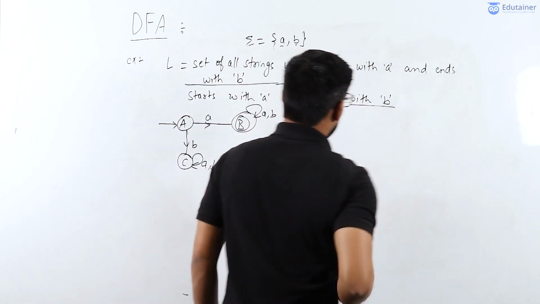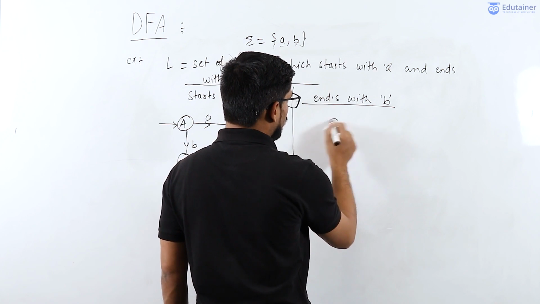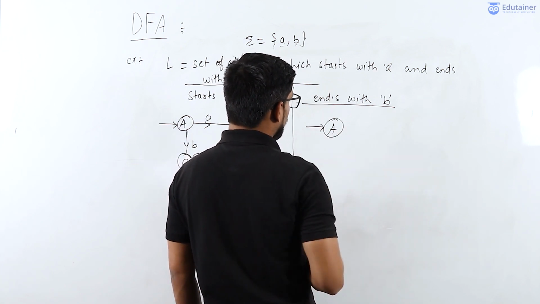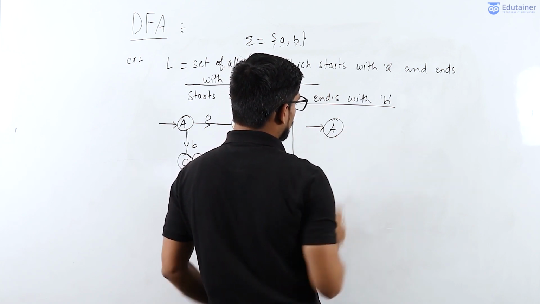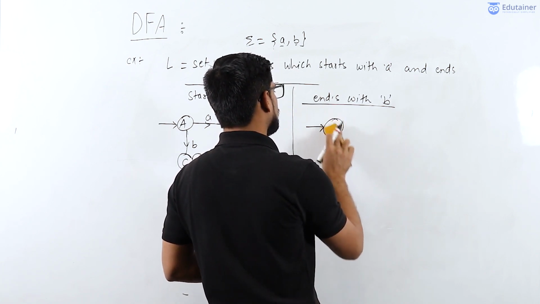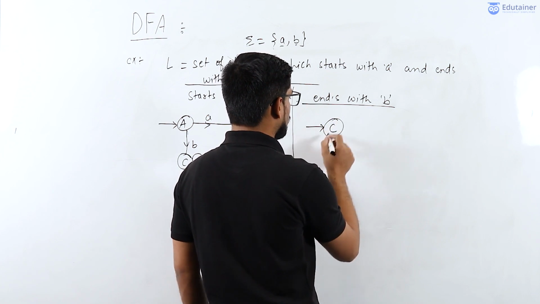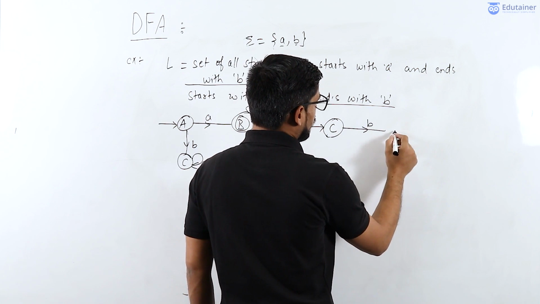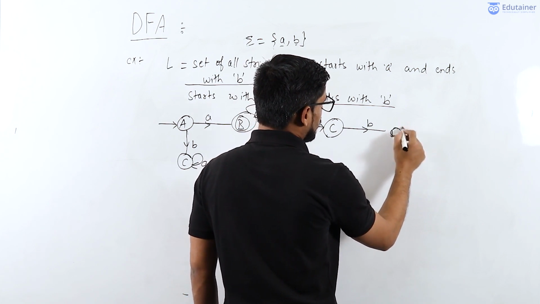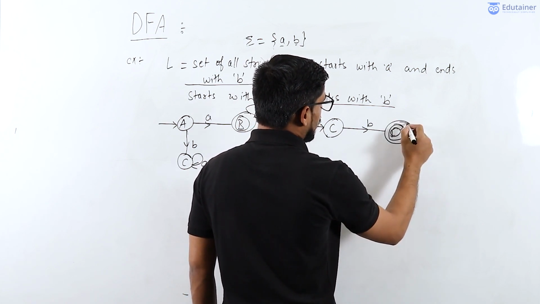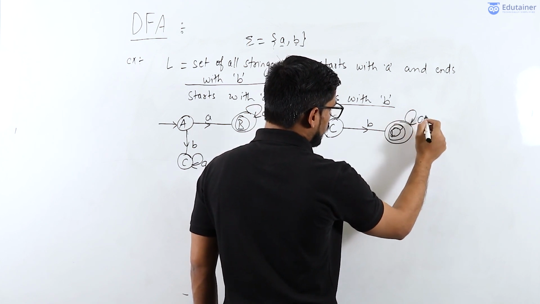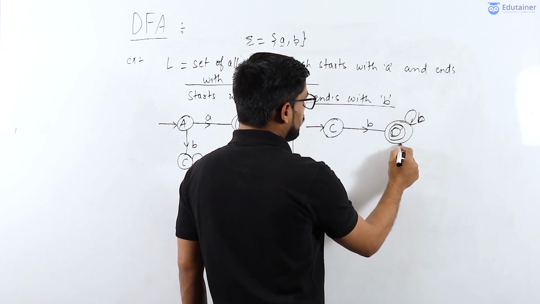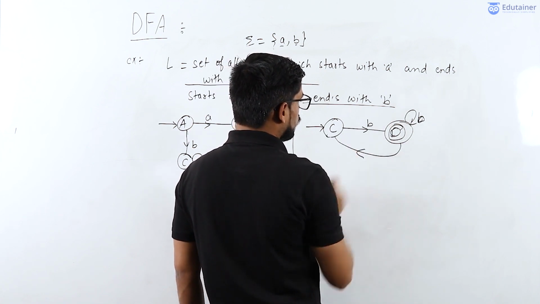What about ends with B? Ends with B, you can correlate with the previous example which ends with A. So here I will start with, let's say, capital A. Let's call it state capital C. If I see B, then I will go to the state capital D, which is the final state, and I will accept any number of B's here because the constraint is ends with B. And if I see A, then I will go back to the previous state.